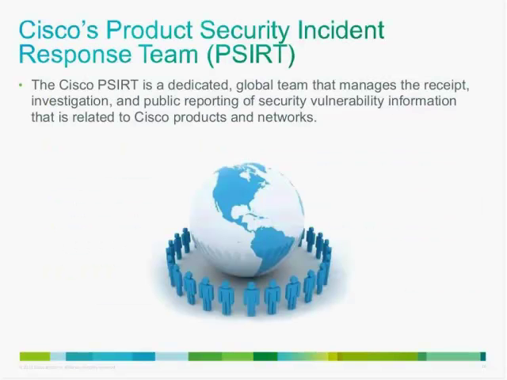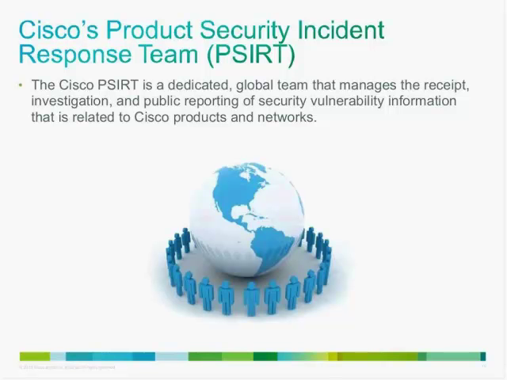So to get started, the PSIRT team is a global team that investigates and discloses any security vulnerability that is related to Cisco products and Cisco networks. PSIRT works with Cisco customers, independent researchers, consultants, industry organizations, and many other vendors, and often even with our competitors, to identify possible security issues within Cisco products and the networks themselves.